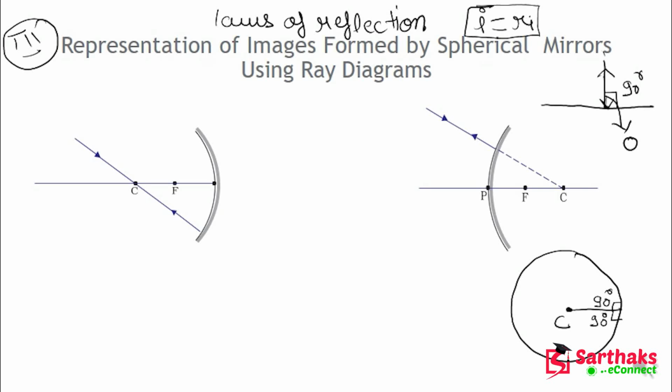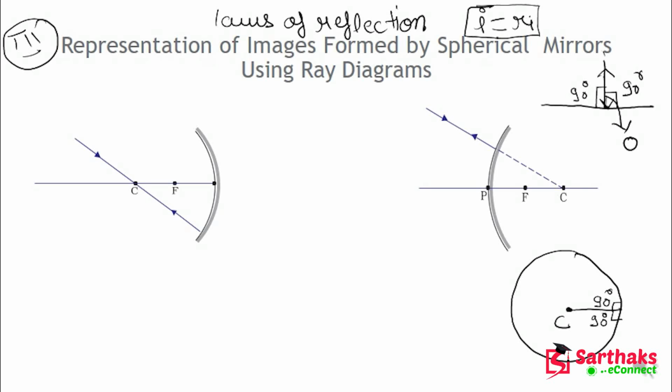So the ray which is going back will also make an angle of 90 degrees. That's why both the ray which is coming and the ray which is going back will always be on the same line. So in this case, the line which crosses the center and goes back will also pass through the center.